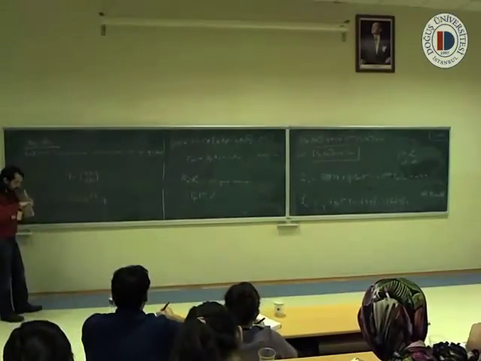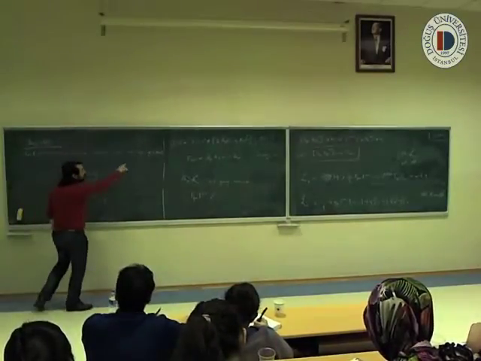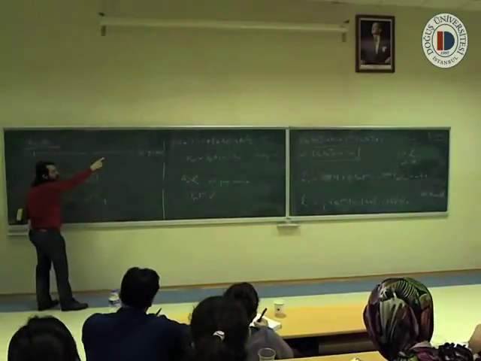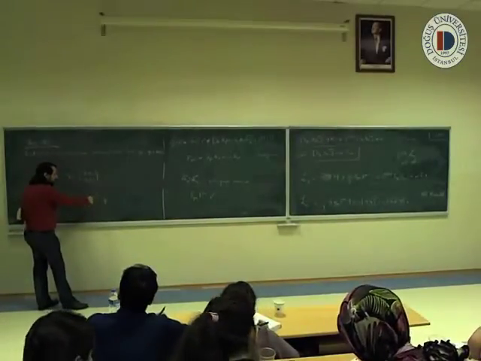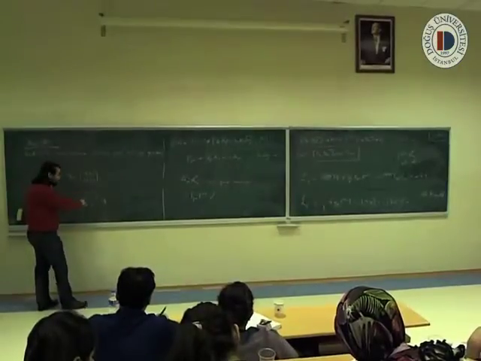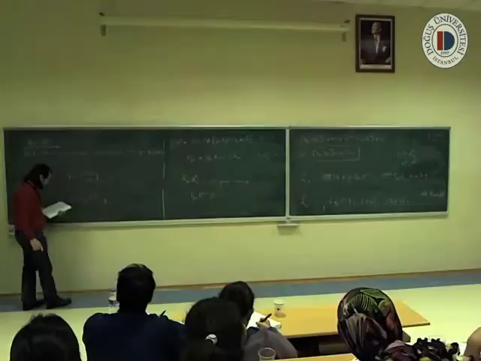Since I'm talking about symmetry groups like SU(2), now I have matrices rather than numbers in the exponent. Now I'm just looking at a gauge transformation of this form.